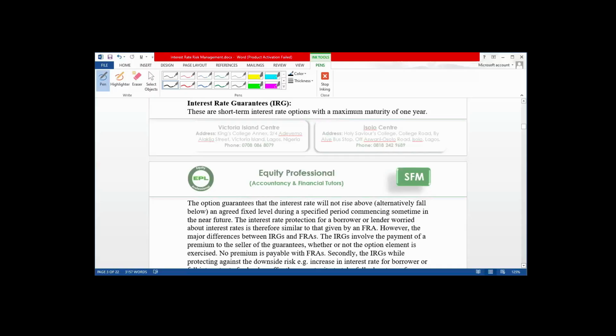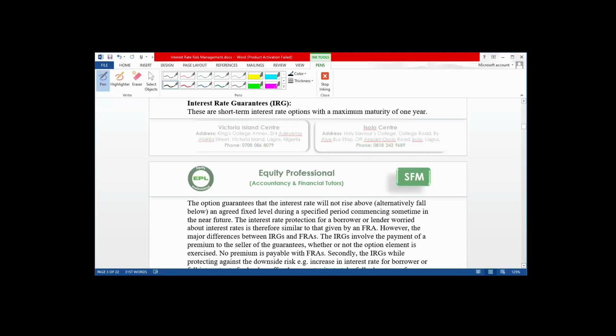The option guarantee is used to fix maximum borrowing interest rates. Or you can also use it to fix minimum lending rates.